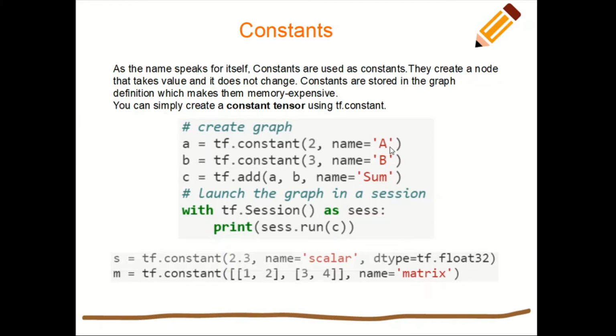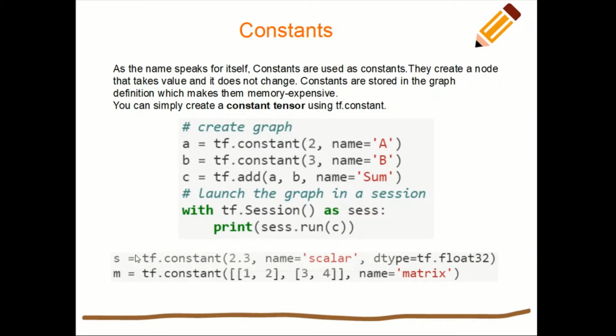That means you can refer to this particular thing using this name. If we do the same thing as in the earlier slide, we create two tf constants, add them, and give the result a name. Then we can do the computation as we did earlier.